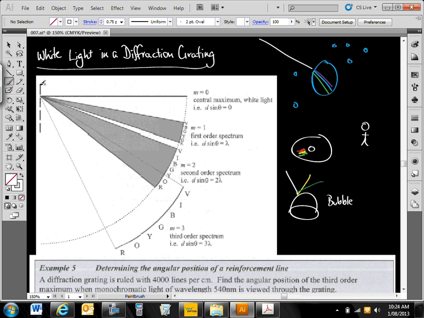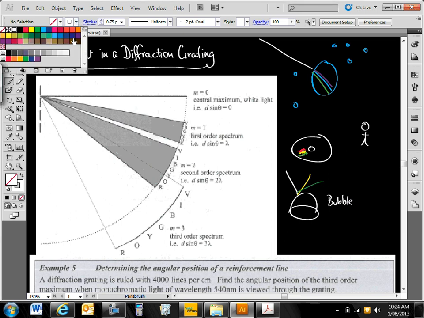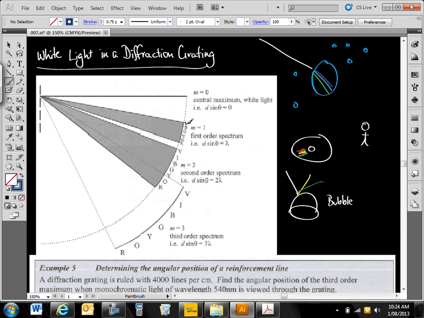And if we're viewing through a diffraction grating here, here's our diffraction grating and our slits, then we see reinforcement of the violet line first. Why is that? Because it has a smaller wavelength, doesn't it? Yeah, exactly. Thank you. Violet. Then we go blue, green, yellow, orange, red.